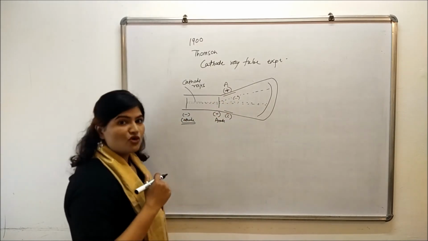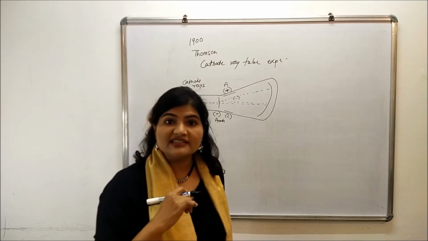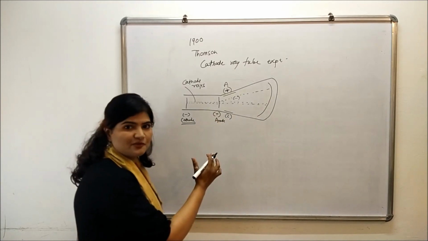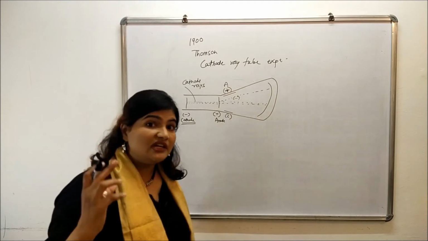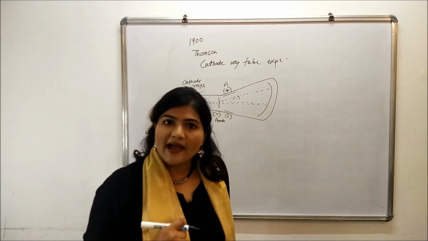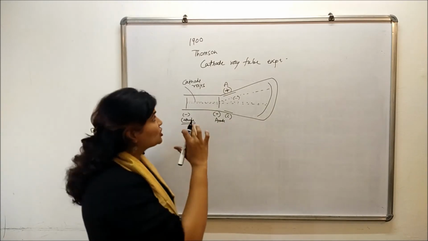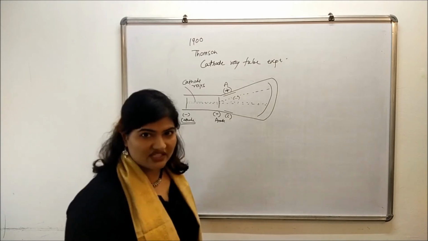Now Thomson was very happy with this experiment, but he was also curious what these rays are. So he repeated the same experiment, and this time instead of anode and cathode, he placed different magnets there, and in the presence of a magnetic field also the rays deflected. It means Thomson was sure that these rays are charged, and negatively charged.